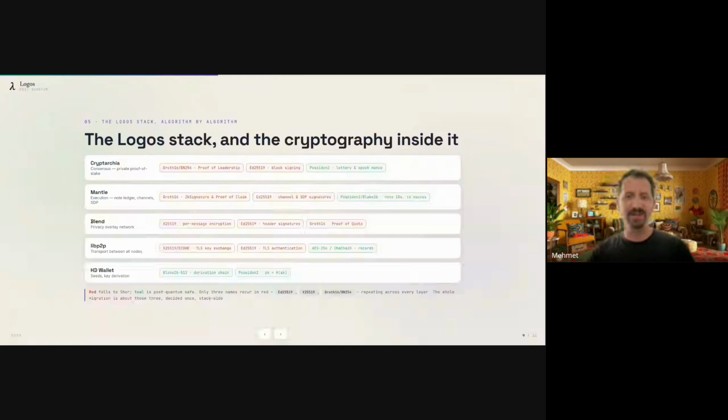Therefore, I will also explain what is really good for Logos when we compare it with other projects in the literature.